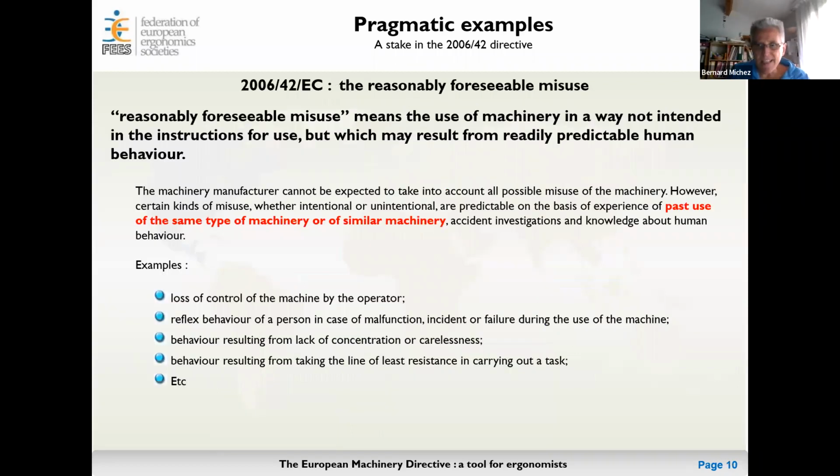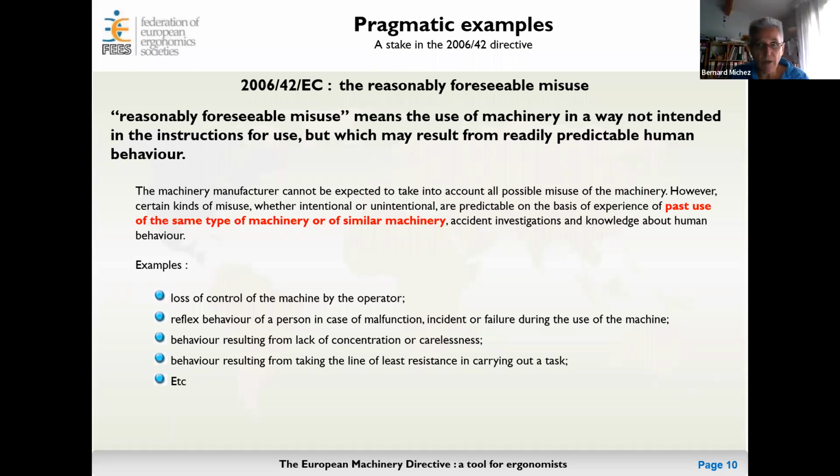What is the reasonably foreseeable misuse, which is a concept developed particularly in the last version? I showed you two small videos.